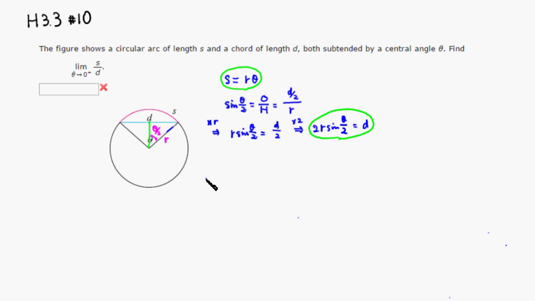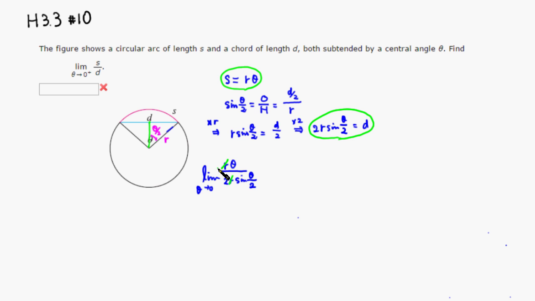So we're looking at the limit of s. s is r times theta, and d is 2r sine of theta over 2, as theta approaches 0. First thing we do is cancel the r on top and the r on the bottom.